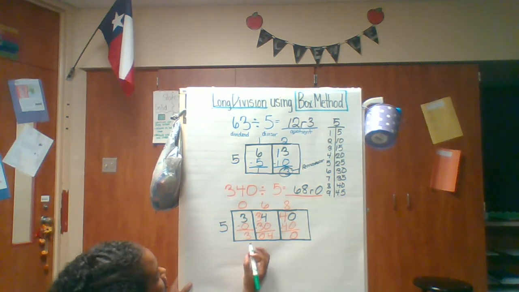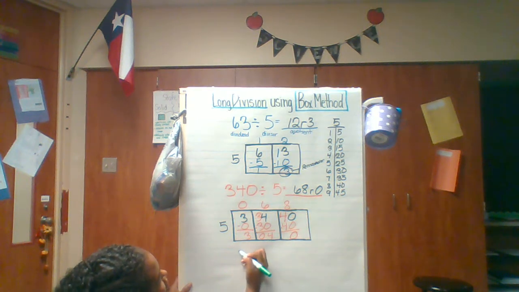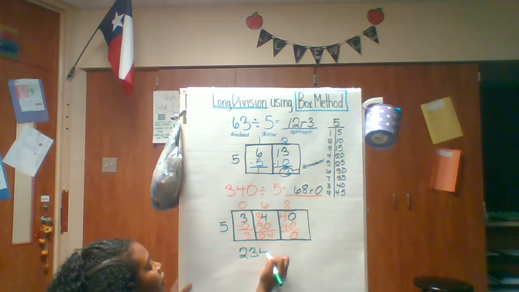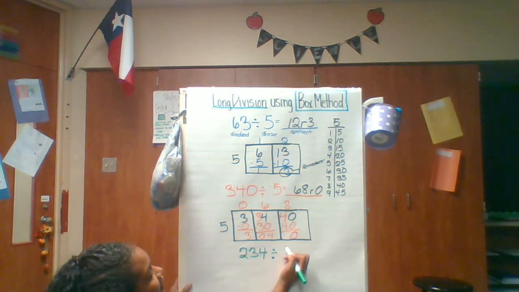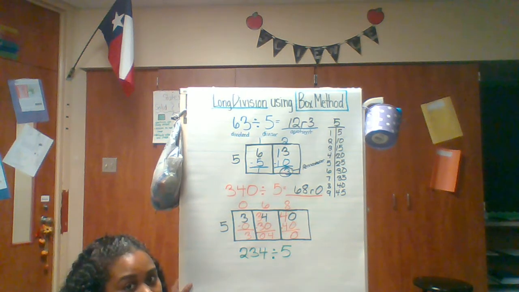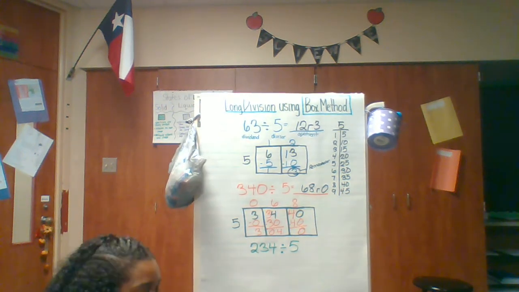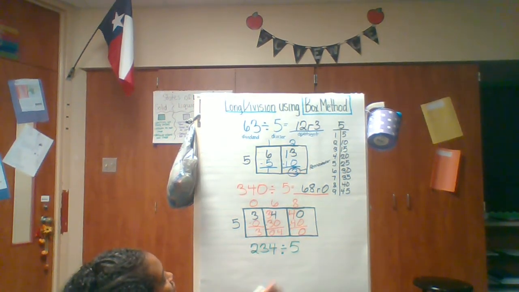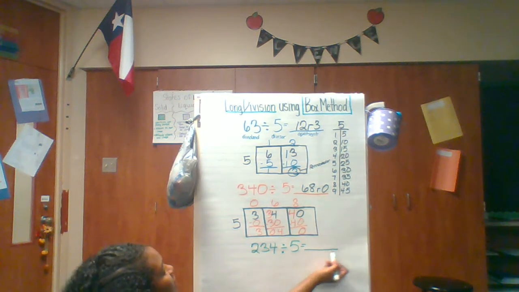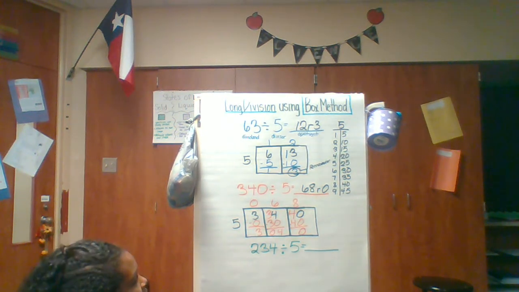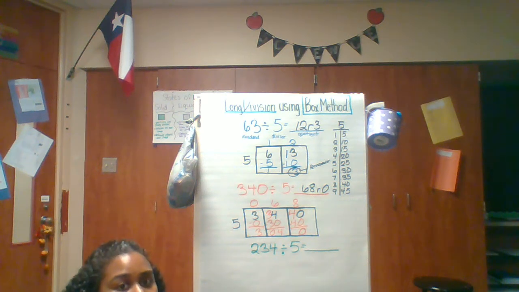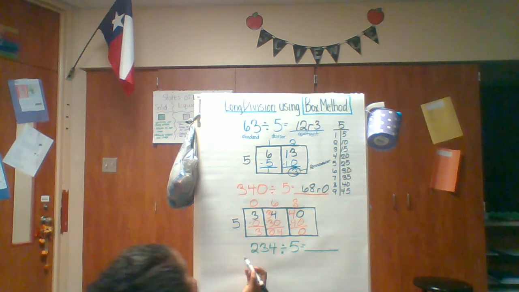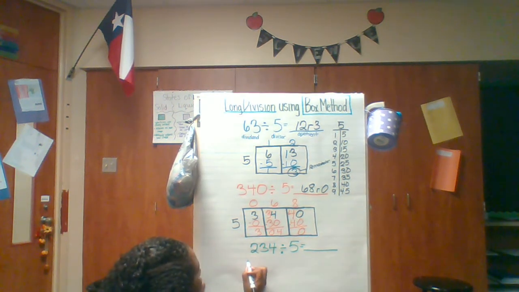Let's do 234 divided by 5 equals a quotient that we don't quite know yet. So again, how many boxes or spaces do I need for this 3-digit number? Well, 3, you're right. So we're going to make our box for 3.